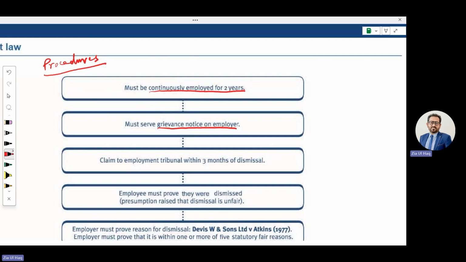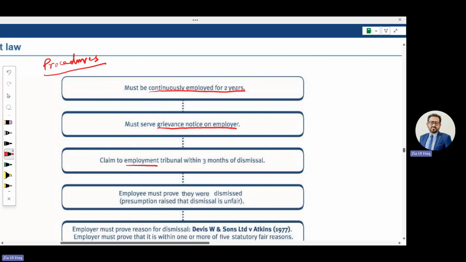You asked what is the reason why you are terminating my contract, why you are dismissing me, and you have tried to prove your point of view to the employer, that your dismissal is unfair.